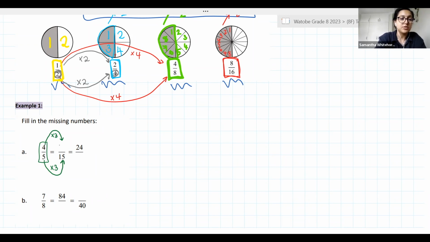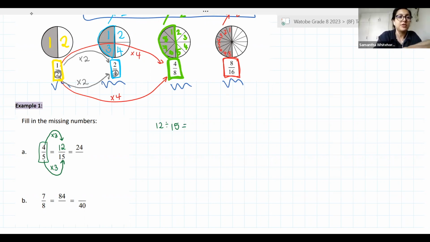So 4 times 3 is 12. Now if you type 12 divided by 15 on your calculator, remember I've said this before, it will always automatically give you the simplified fraction. So there's my 12 divided by 15. When I say equals, it gives me 4 over 5. It is the equivalent fraction to what I started with.